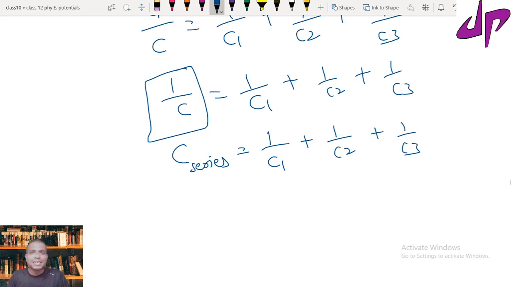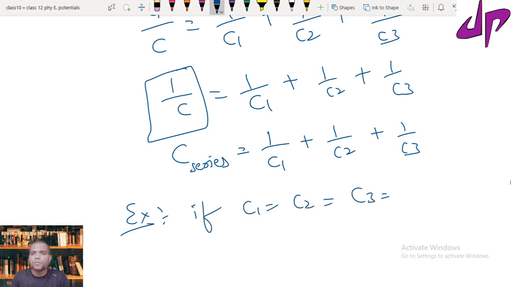So the resultant capacitance value obviously decreases. Let's see an example. Suppose C1 equals C2 equals C3 equals 1 picofarad. What is the series combination of C1, C2 and C3?